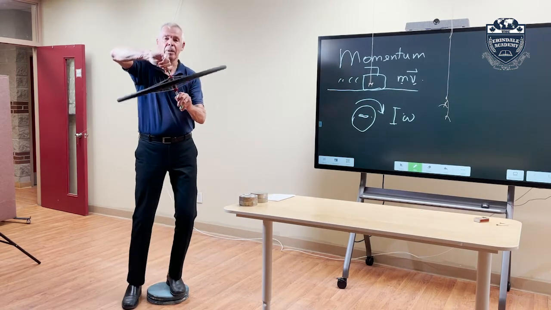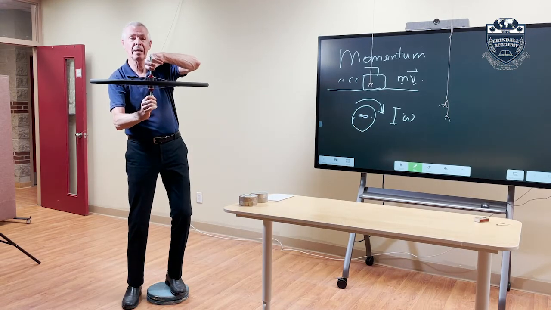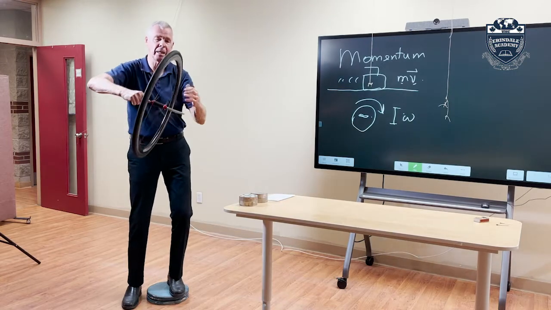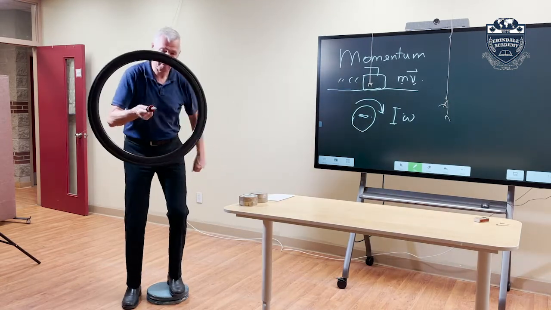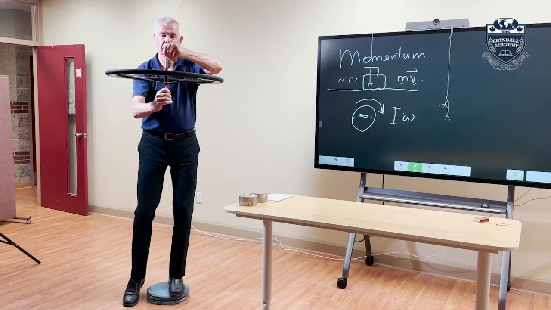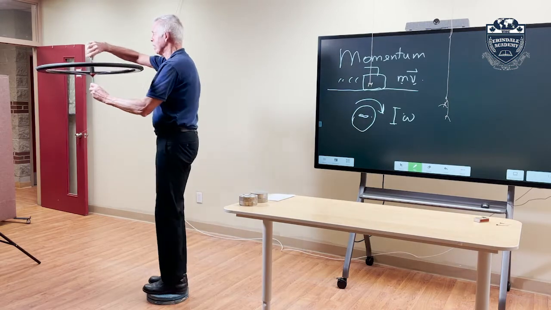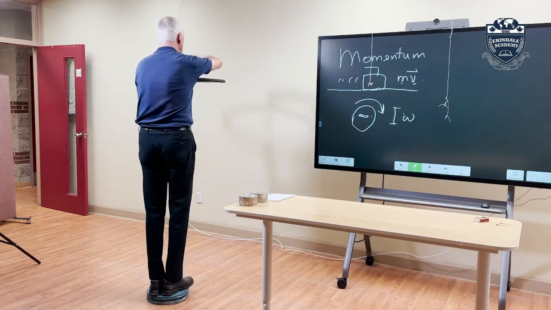If I flip this upside down, I'm going to change the angular momentum. Let's see what that does to me. I'm going to stop it again and spin it. There we go. And so I'm going to turn it, and I start to spin. Now look very carefully at the direction that I'm spinning.